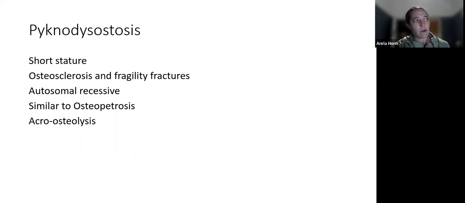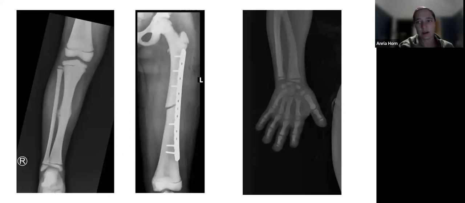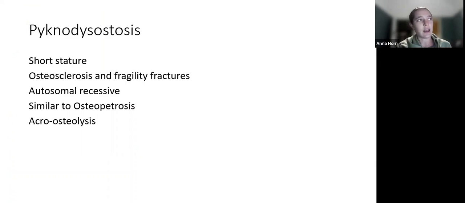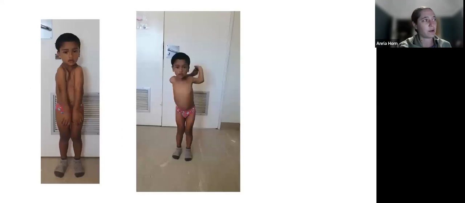It's an autosomal recessive disease, and then they get acro-osteolysis. That's the term we use for the stubby fingers and toes where the distal phalanx is basically gone. So this is characteristic. You see that face, you see those hands, that's pycnodysplasia. The management is basically like for any other type of disease. You treat their fractures. There's no medical management. You basically just correct deformities and treat their fractures as they go along.